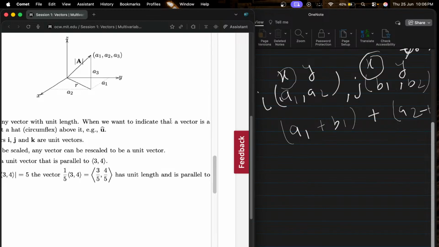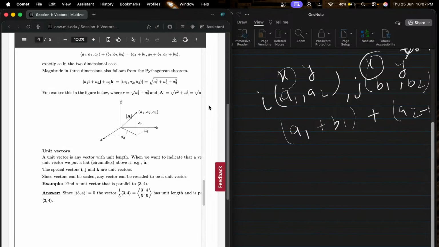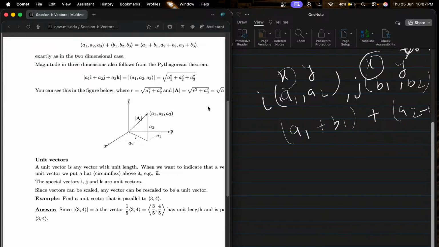Okay, let me first adjust it. After that, we can go in a flow. Okay, I believe it's fine. It's kind of small for me too, but okay, it's fine.